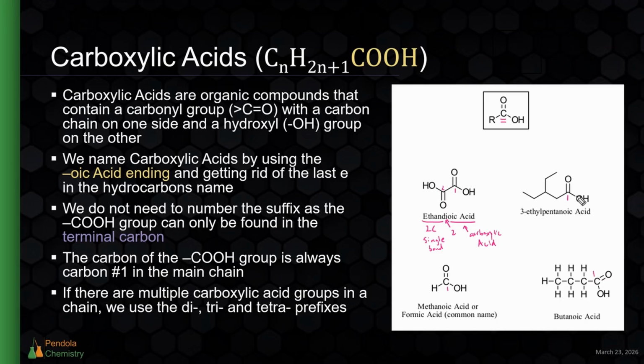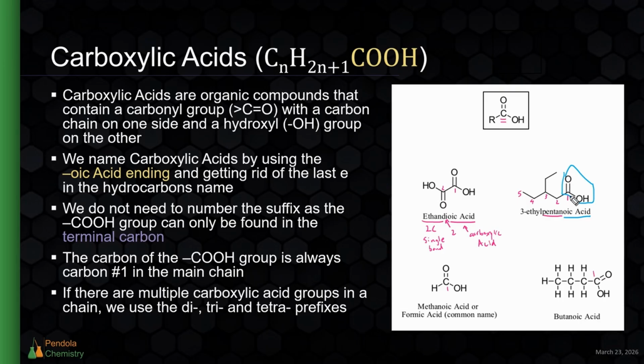If we have something a bit more complex like this, we have carbon 1, always start from the carboxylic acid, 2, 3, 4, 5. So we have that pent coming from the 5 carbon main body that has nothing but single bonds. Oic acid comes from the fact we have a carboxylic acid.